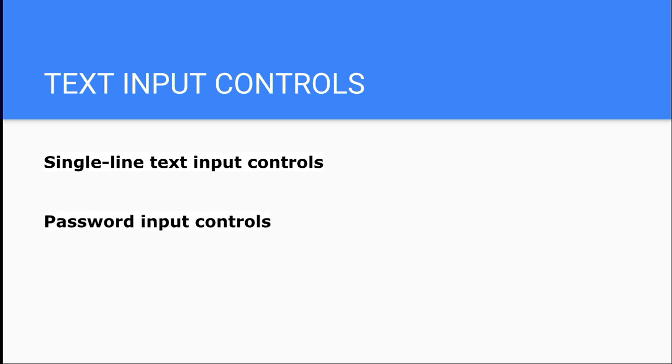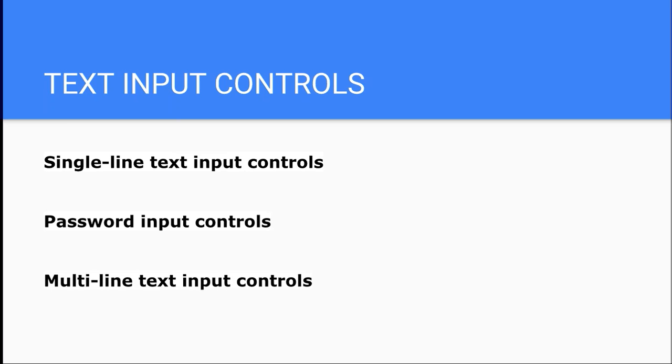And the next one is password input controls. This is also a single line text input, but it masks the characters as soon as the user enters them. I mean, it will mask the characters. They are also created using the HTML input tag.